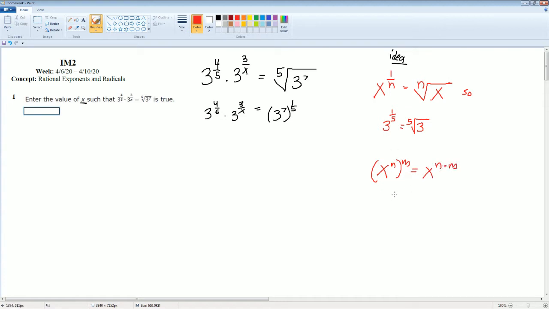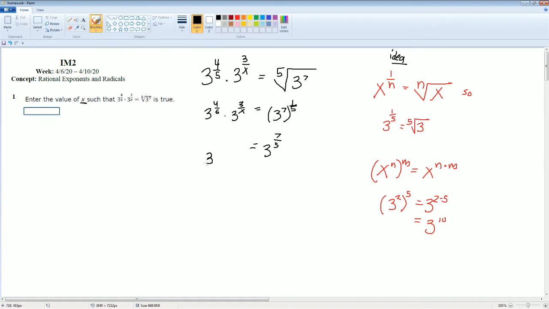For example, 3 to the second power, to the 5th, would be 3 to the 2 times 5, so this would be 3 to the 10. So here you would multiply this: what is 7 times 1 over 5? That would become 3 to the 7 over 5, because this is what you multiplied.